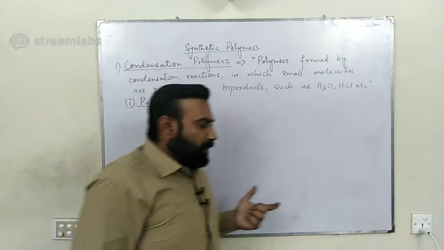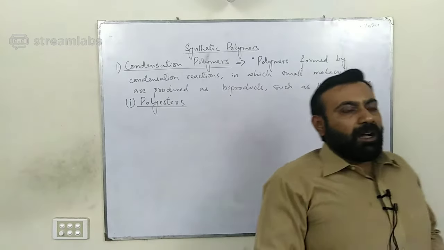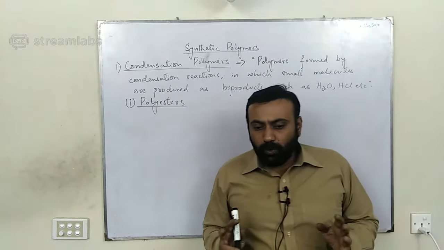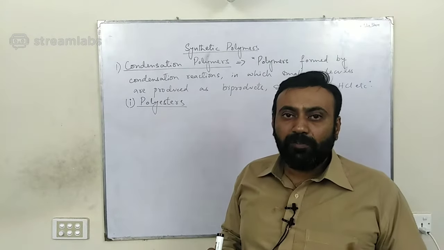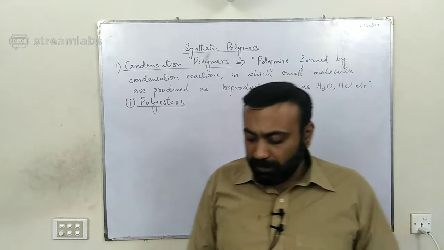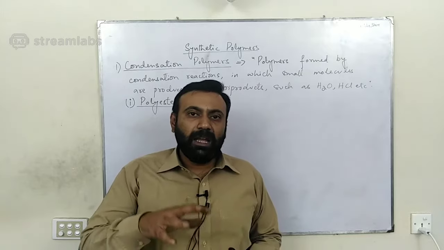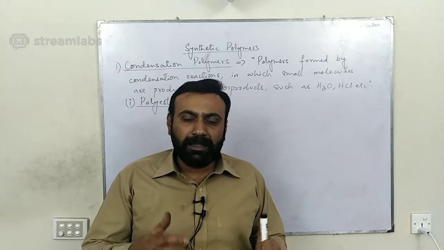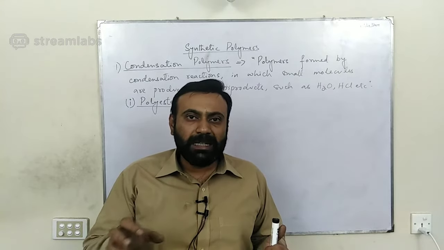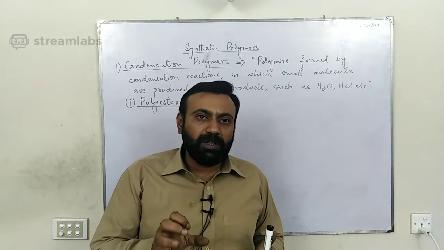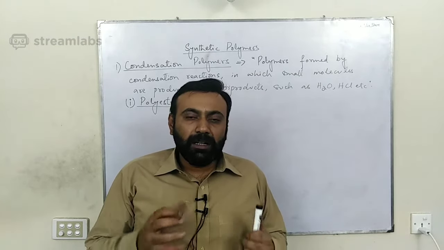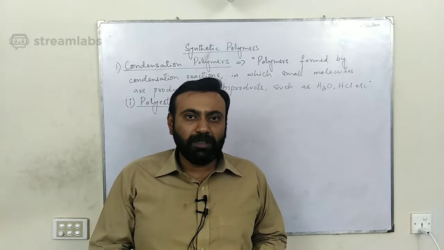See, these names polyesters and polyamides are due to the types of bonds present between the monomers. When monomers are linking up with each other to form a polymer, that linkage type between the monomers determines the name of the polymer.